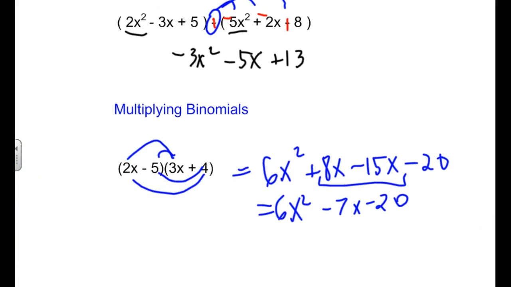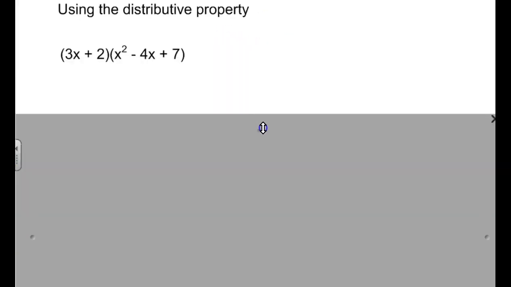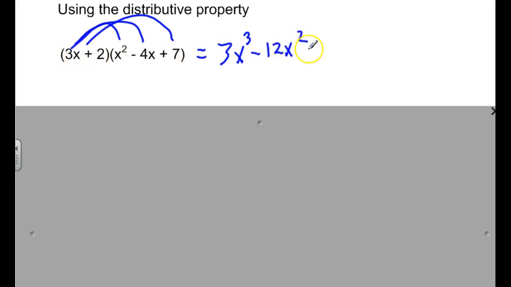And next page. So this is one you might have seen before. Some people call it the clam. This is multiplied by everything over there, so that would be 3x to the 3rd minus 12x squared plus 21x, and this is multiplied by all three also, so plus 2x squared.